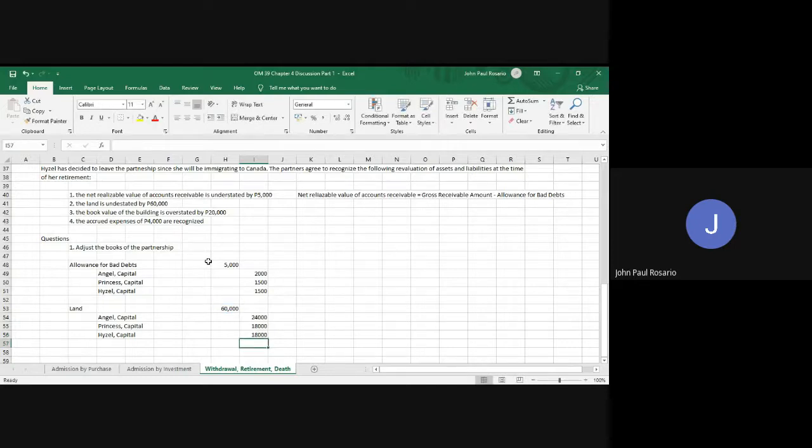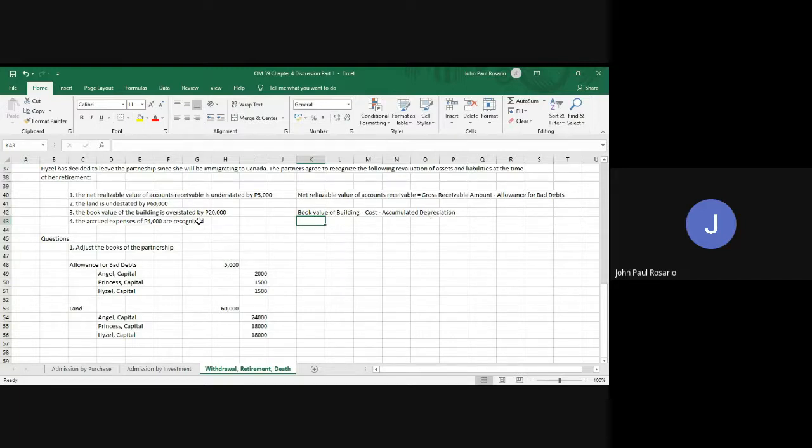Now, for the next one, the book value of the building is overstated. When you say book value of a building, or any long-term asset like machinery or equipment, the formula is cost minus accumulated depreciation. So to adjust the book value, what we adjust is accumulated depreciation.